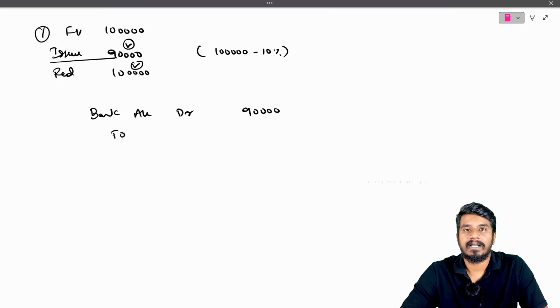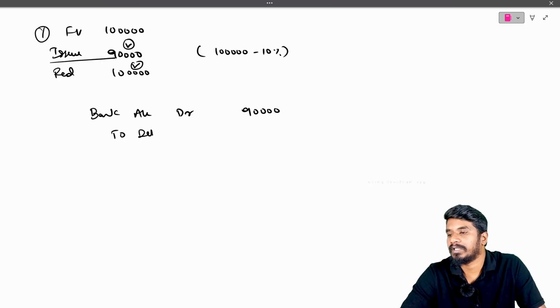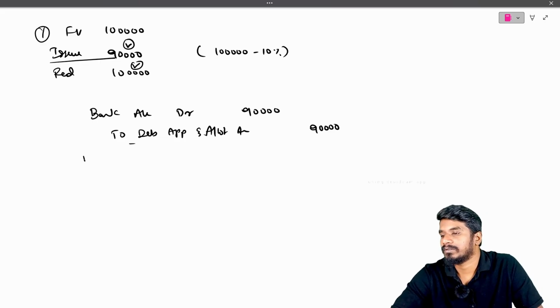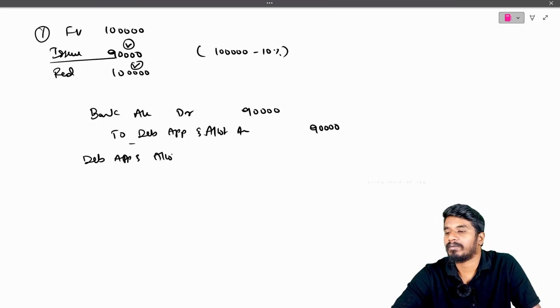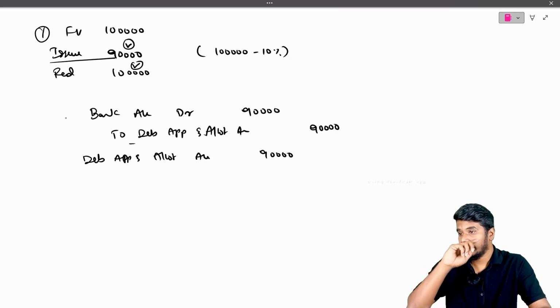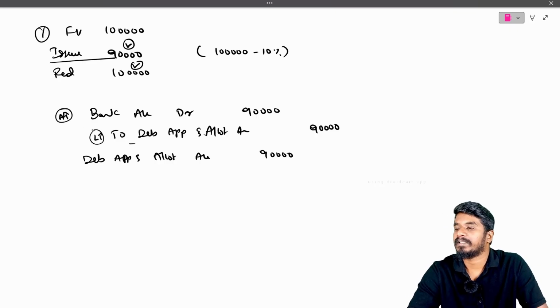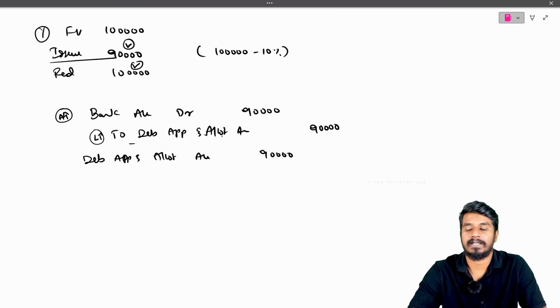Two, we will create a temporary account, the debenture application and allotment account, which we will later debit to transfer to the debenture account. So the debenture application and allotment account will get credited for 90,000. Here bank is debited because an asset is increasing, and the liability is increasing because we are crediting it.